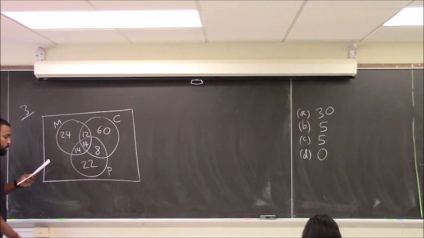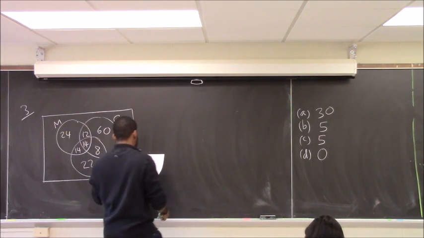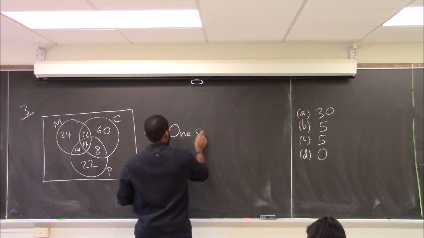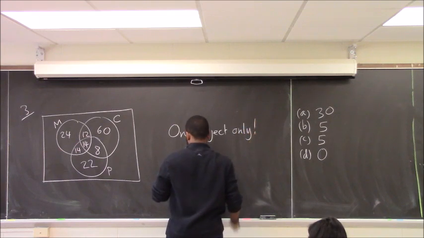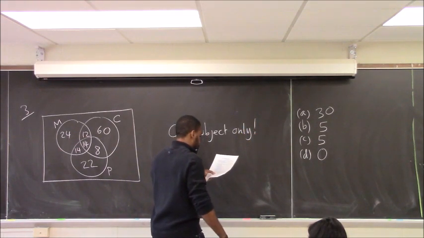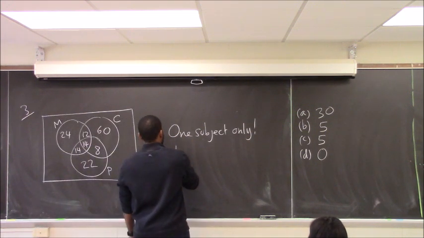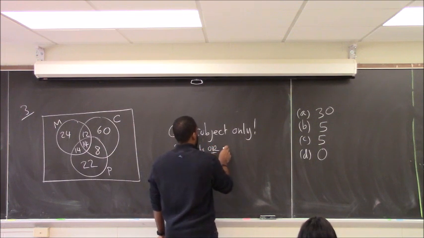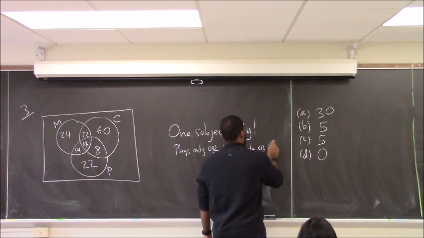Now, we don't know any information about the universe. We don't know how many total people were surveyed. But the question here is, of course, asking about those who were surveyed. How many took one subject only? 106. So this means it's physics only or math only or chem only.